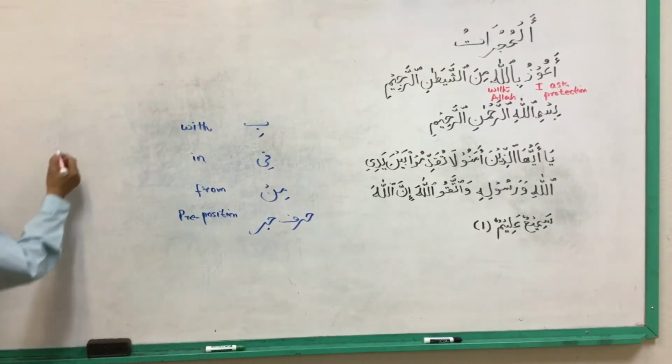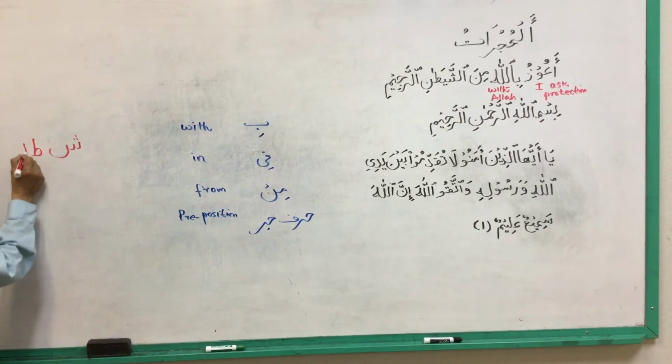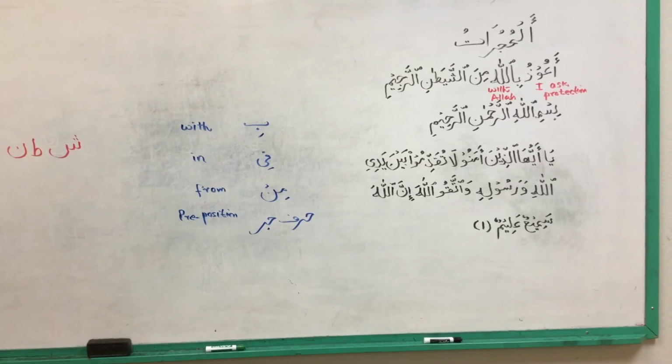So it starts with these three letters: Sheen, Fa, and Noon. Shatana. Three letters. The English meaning of these three letters is to rebel. To rebel.